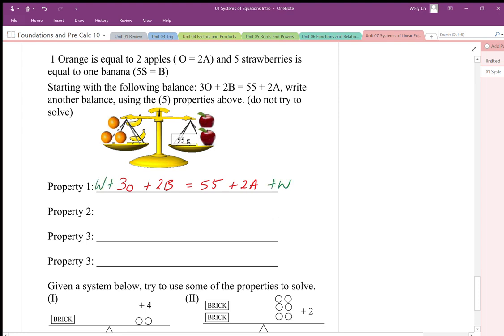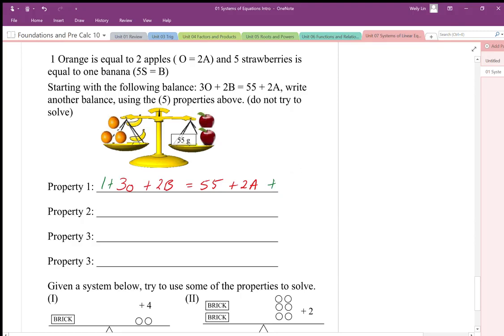Okay, and although I don't know what the watermelon balance is, I know that if I add the same amount, I'm going to keep it balanced. Now you could add whatever you want. You can add 1 to both sides. Okay, whatever you want. Just make yours different than mine.